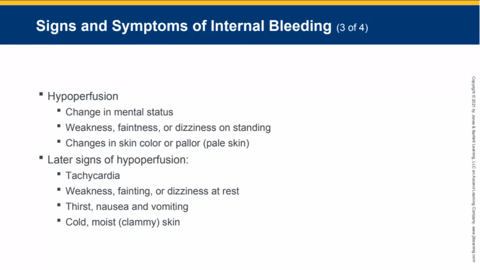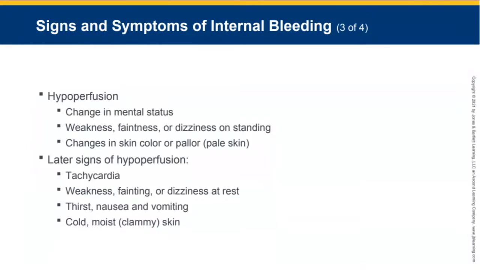And you will see pale skin before you start to see blue skin or cyanosis. The skin will get pale once the blood vessels start to constrict and redirect blood flow to the core organs of the body. If that is not sufficient, then eventually the skin starts to get blue because the blood becomes deoxygenated.